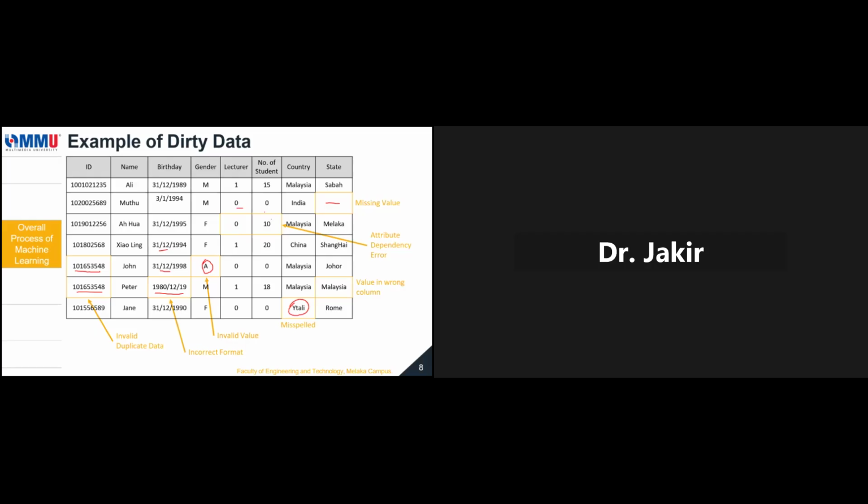If 0, then it should be 0. And if 0 here, but here is a number, that is an attribute dependency error. And then this is the country here. That should be the state, but it is written as a country name. So we call this a value in the wrong column. So these are all part of dirty data actually.